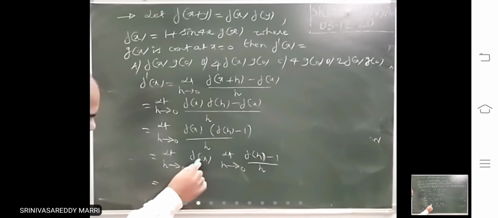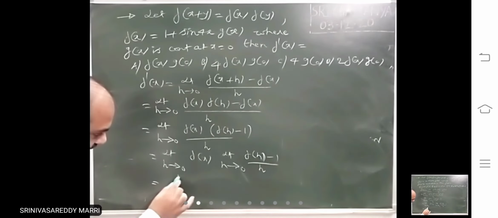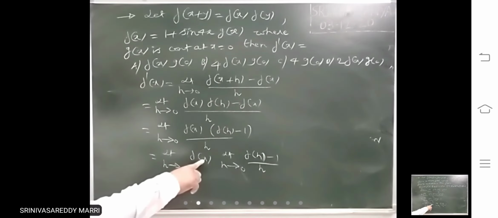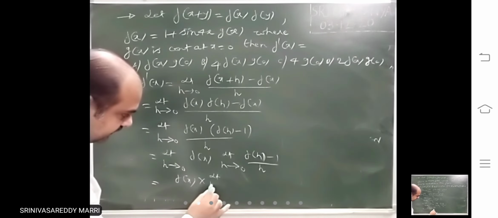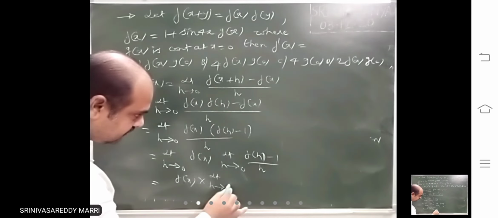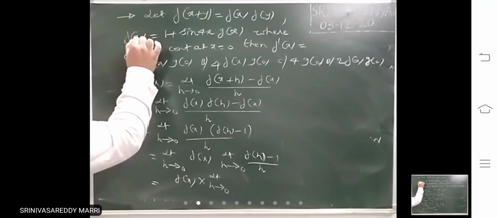So this has no h. That means the f of x is a constant, into limit h tends to 0, f of h substitute here.